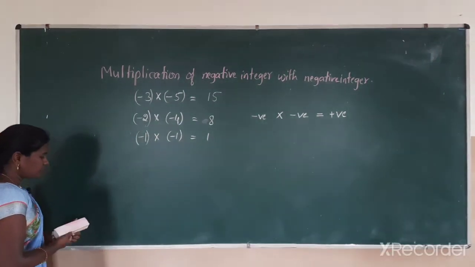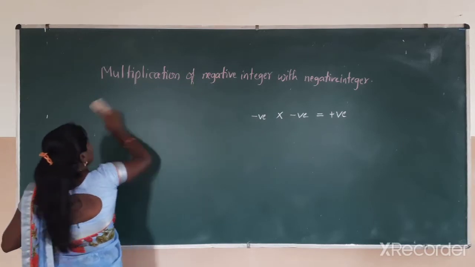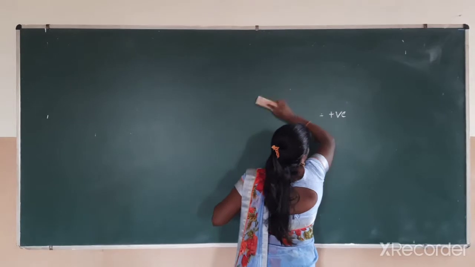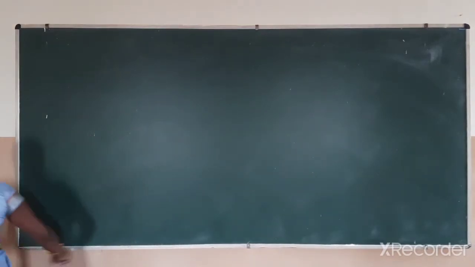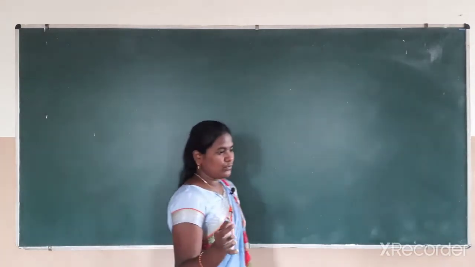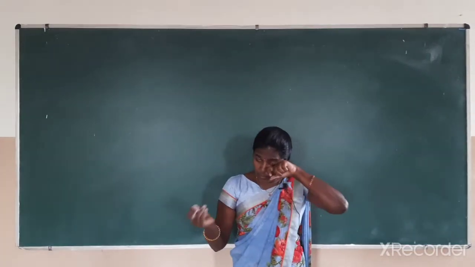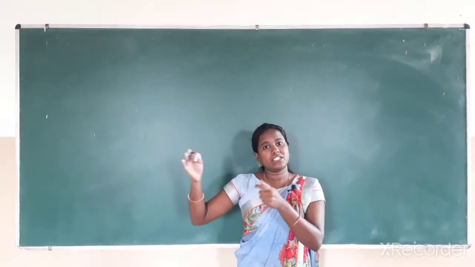So now let us go with some properties, the properties of multiplication. We have learnt the properties of addition of integers. Which are those? There we have learnt the closure property, then the commutative property, then the associative property of addition and subtraction.